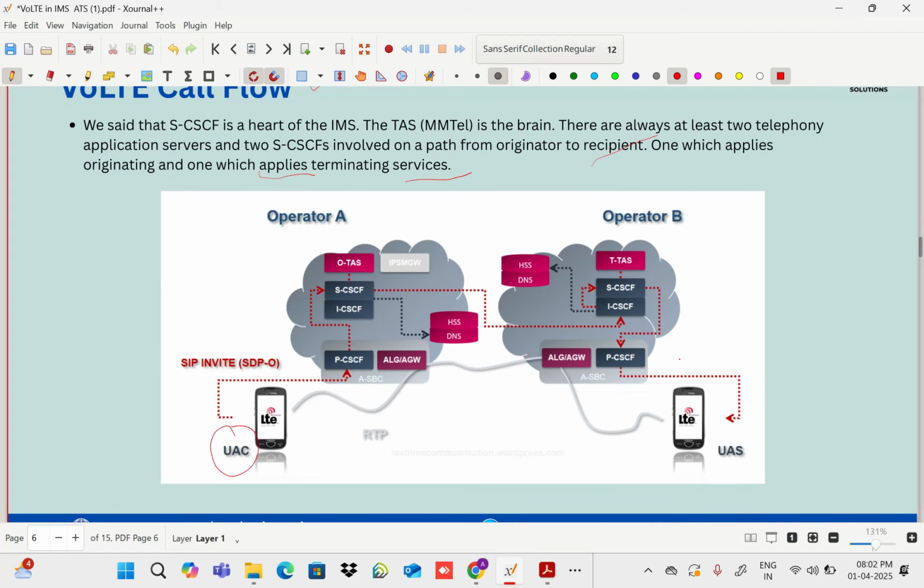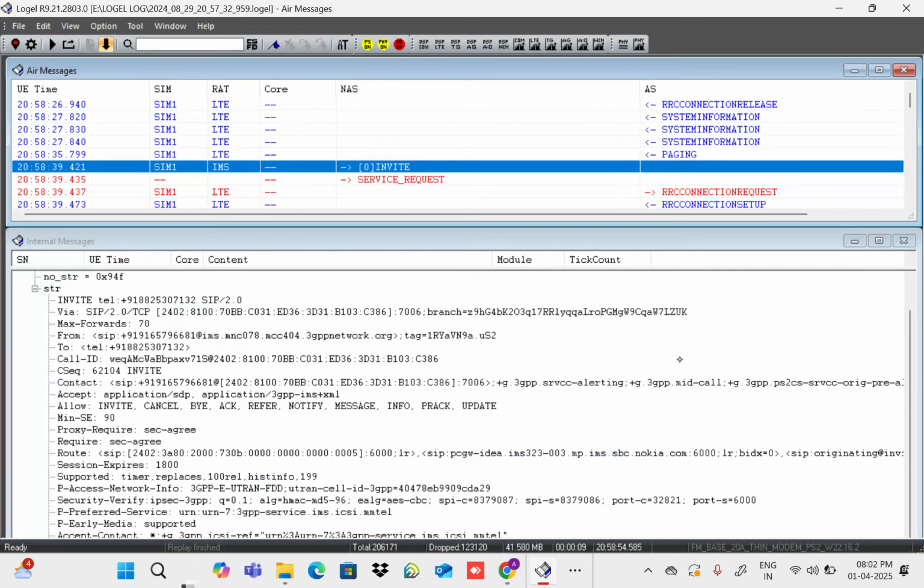Here the UAC is the user agent client and the UAS is the user agent server. Let's say operator A and operator B, and a SIP INVITE is sent to the P-CSCF. We'll show in a tool in real time how the INVITE message looks.